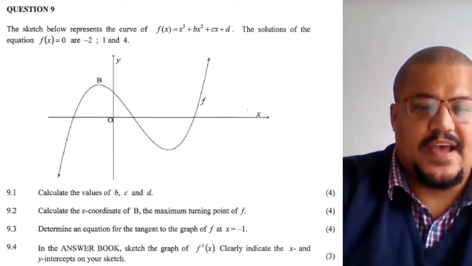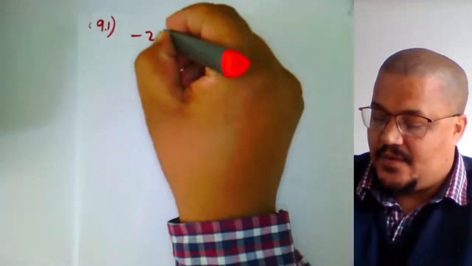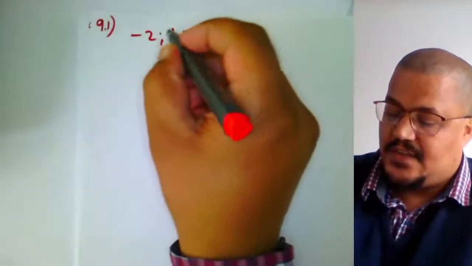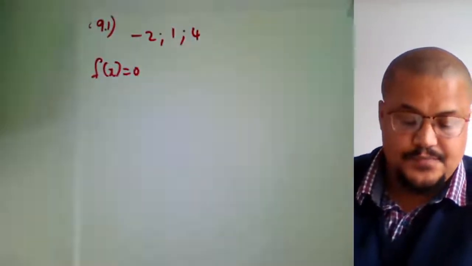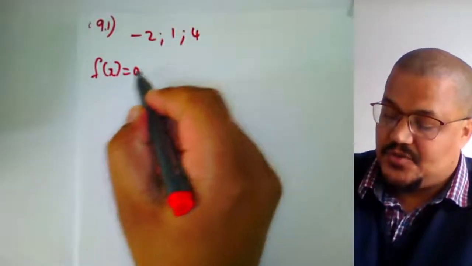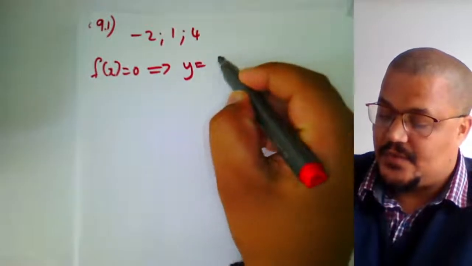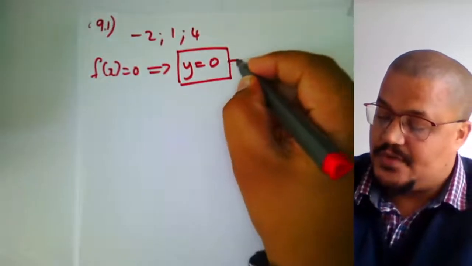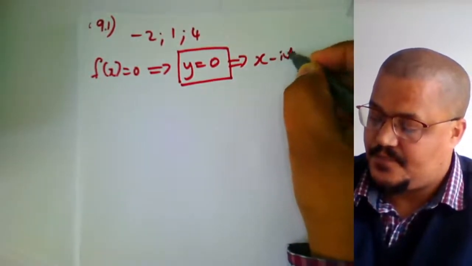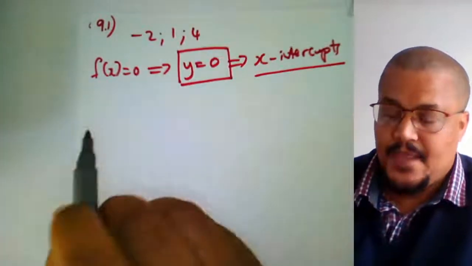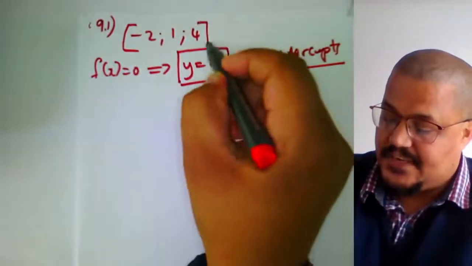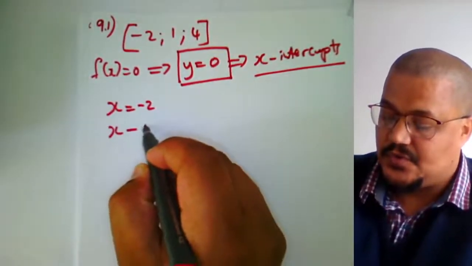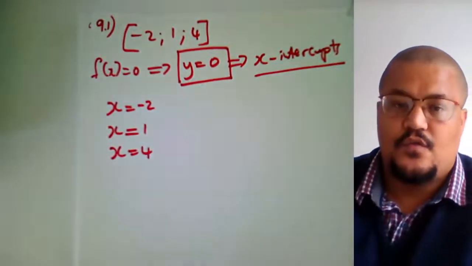These values are important values that we need to understand before we attempt to answer the question. f of x equals 0 also relates to y equals 0, and when we make y equal to 0, this is when we want to determine our x-intercepts. So these values represent all my x values: x equals -2, x equals 1, and x equals 4.